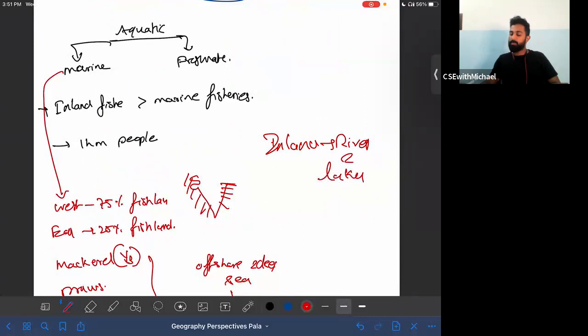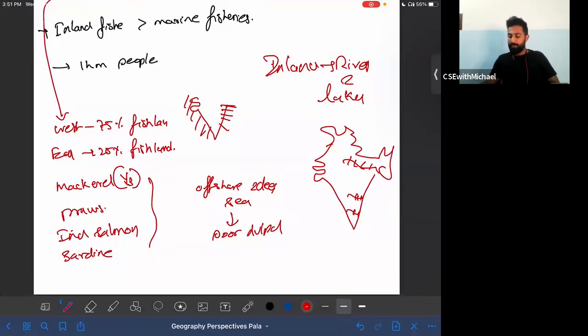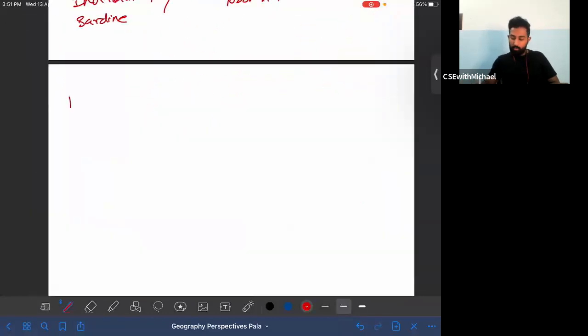If the inland potential is asked for, you can draw a map of India and show the main rivers: Ganga, Krishna, Godavari, all of their lower reaches should be marked and given as the most important areas of fisheries. Now, let's look at the impediments with respect to fisheries.